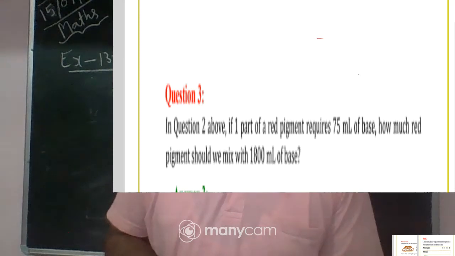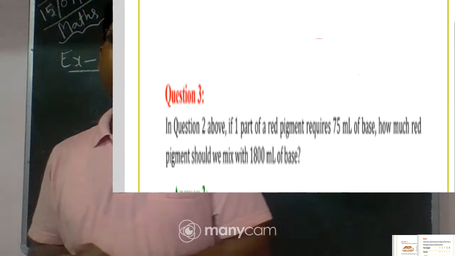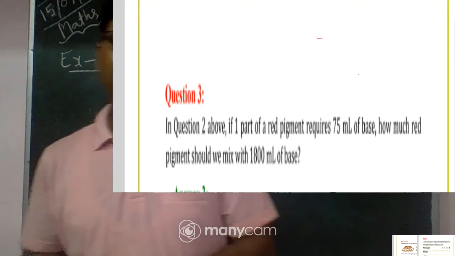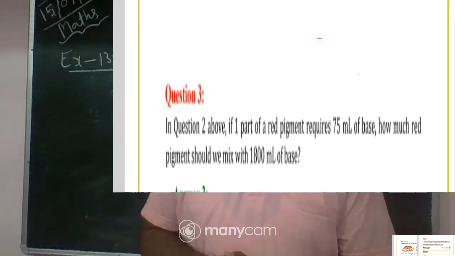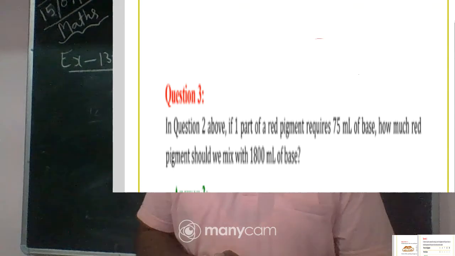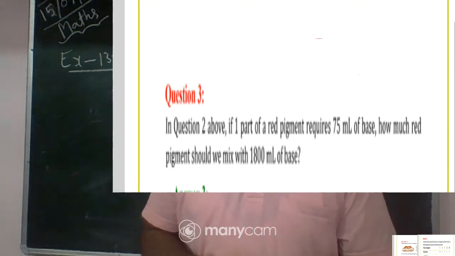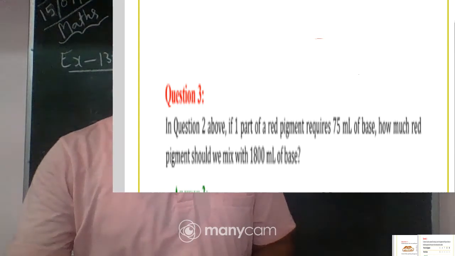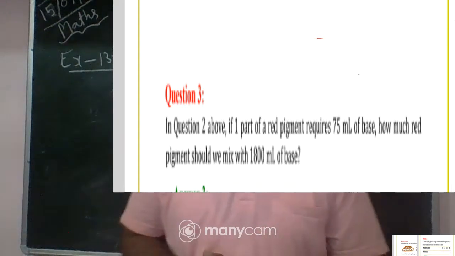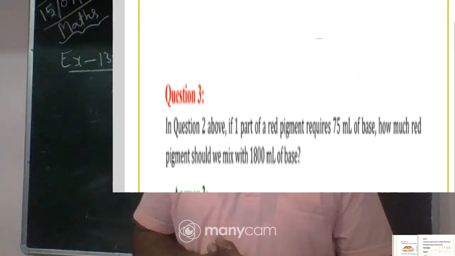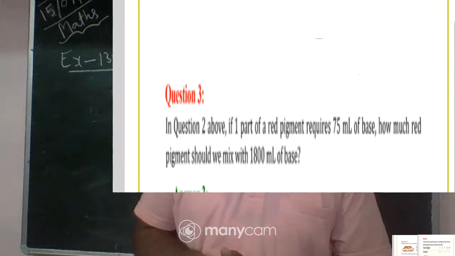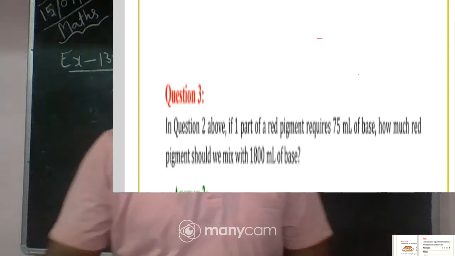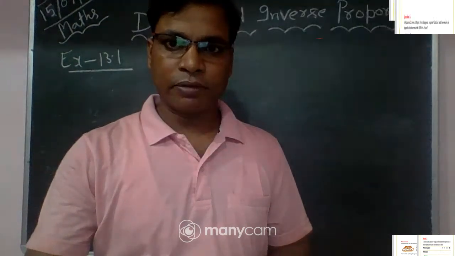Okay, so here it is given that one part of red pigment requires 75 ml of base, and it asks how much red pigment should mix with 1800 ml. So first we make a table, because you can see this is a direct proportion. If one quantity increases, the other quantity also increases. If one quantity decreases, the other quantity also decreases. So let's see how to solve this question.